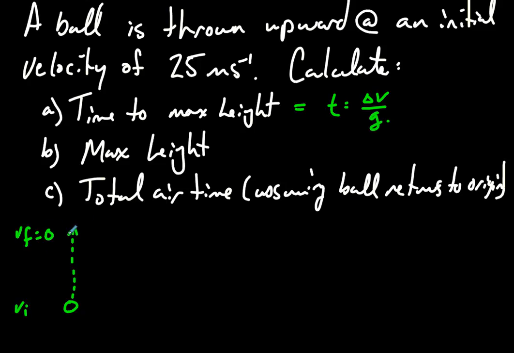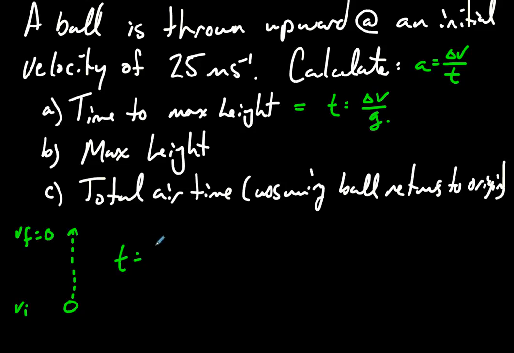You know when it's at its maximum height, that final velocity has dropped to 0. Acceleration is defined as change in velocity over time. Now the acceleration we want to deal with is g, so we rearrange our formula to look like this.